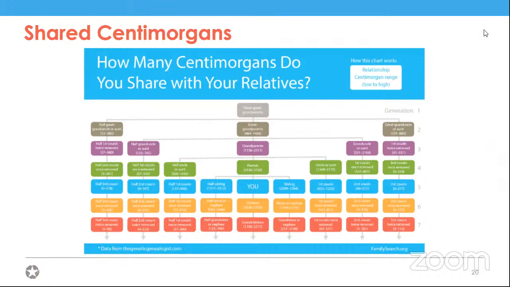So you can look at a centimorgan chart here and insert your score into the range of centimorgans that you see, and you can start narrowing down how you might be related to them. Like we mentioned earlier, there is some overlap with these ranges, so you can pinpoint the ones that are more likely than others. That would probably be the easiest way to figure it out.